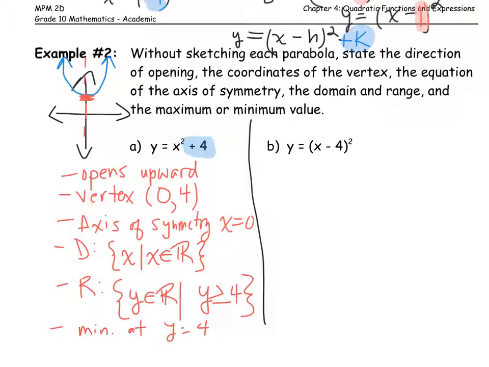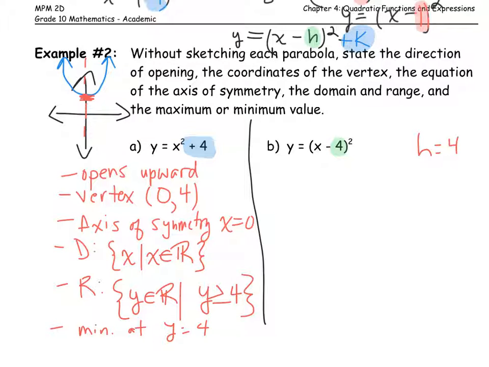Let's take a look at the next example. So if you haven't tried it yet, pause the video and give it a try first. So when I look at this equation, I'm seeing that I have this 4 that's inside the bracket. So x minus h, I have x minus 4. So that tells me that my h value is 4, which means that I've moved my graph 4 units to the right.